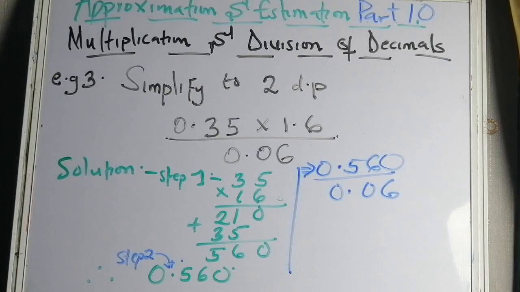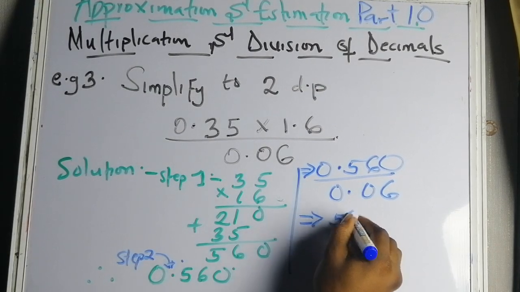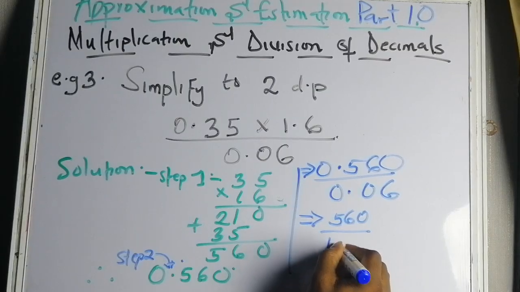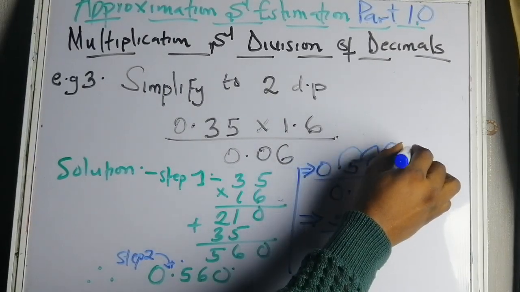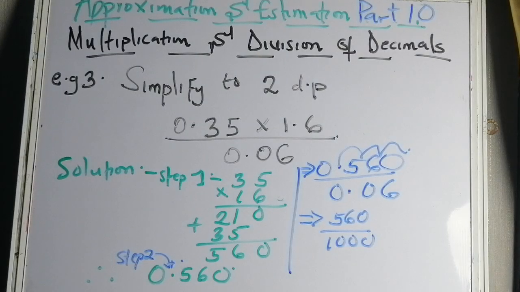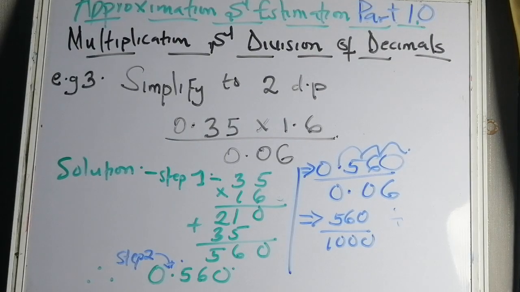Before you divide, what is the condition? Convert to fraction. So you can have 560 divided by 1000. You are moving the point 3 times. Divided by, how many times are you moving the point at the denominator?